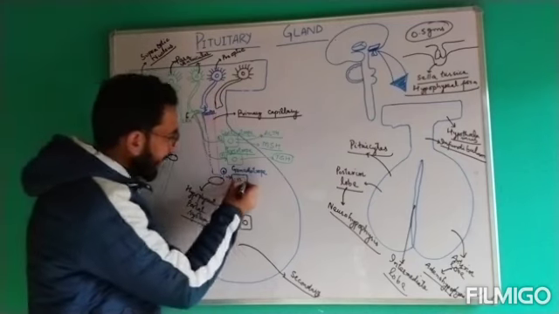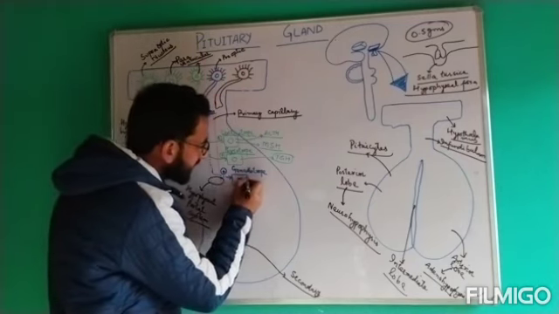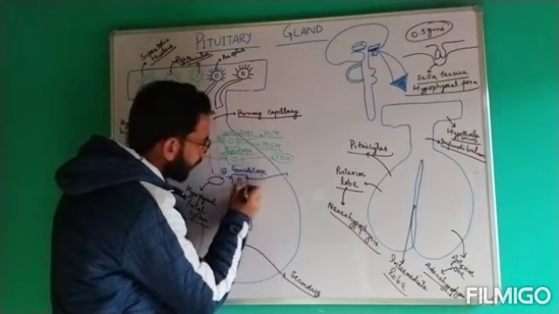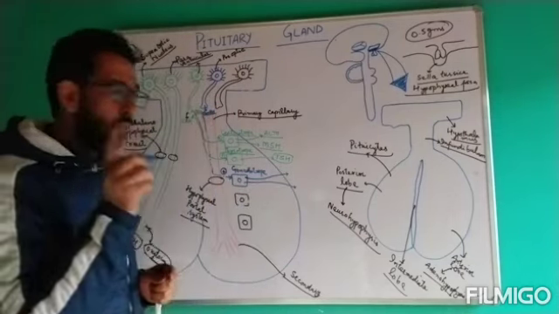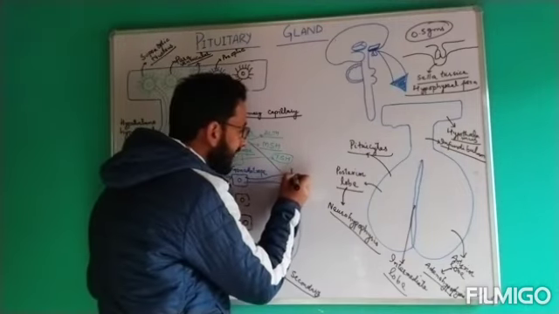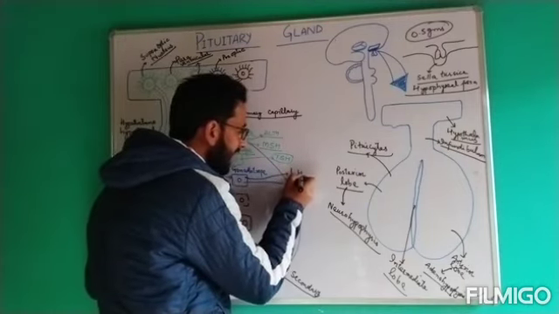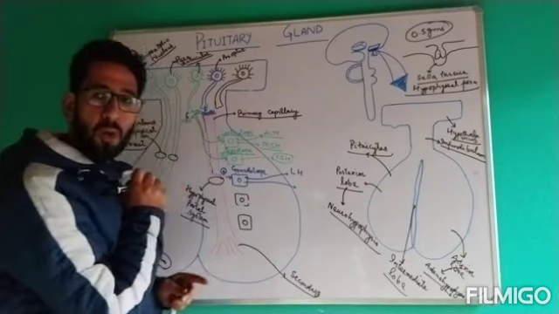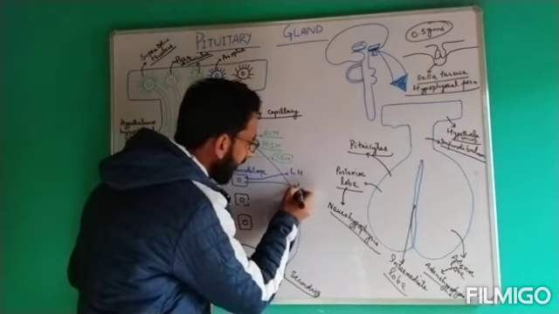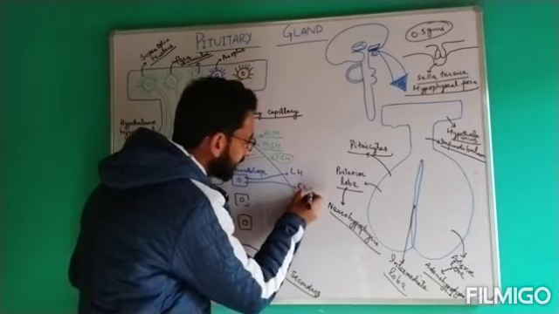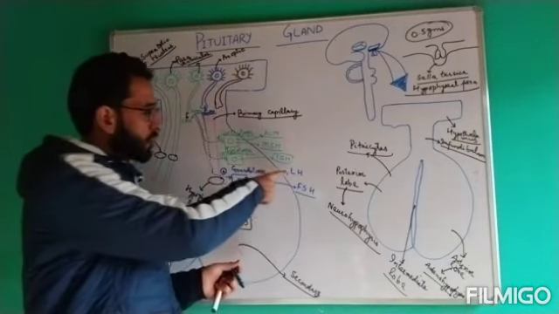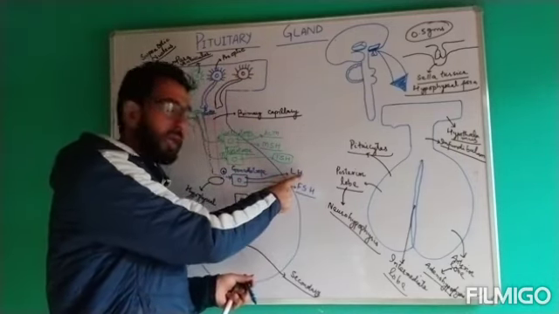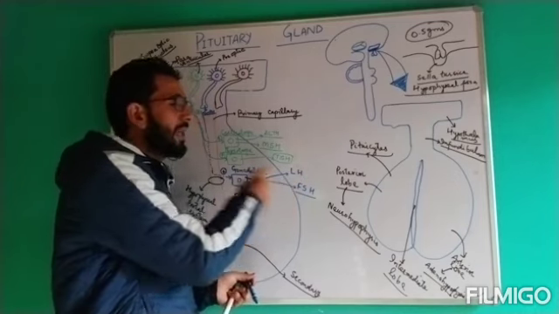Once it is stimulated, this gonadotrope releases two hormones. One is luteinizing hormone, LH, and the second is FSH, that is follicle stimulating hormone.